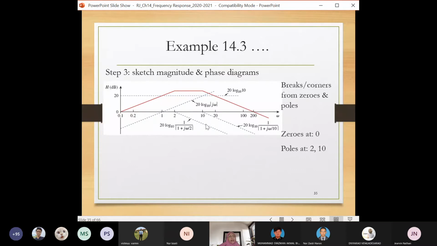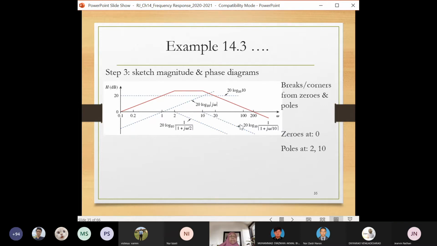The other two lines drop at 2 and 10: prior to 2 it is 0 and then it drops, and prior to 10 it is 0 and then it drops.